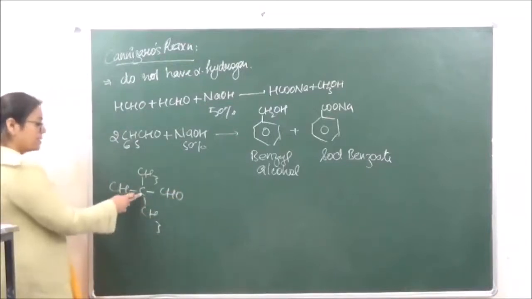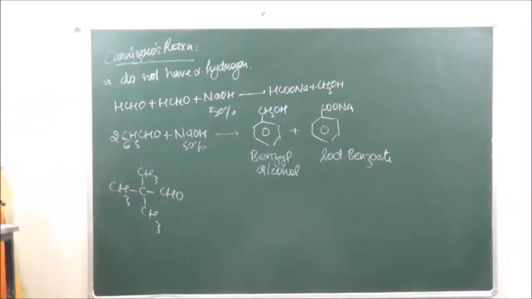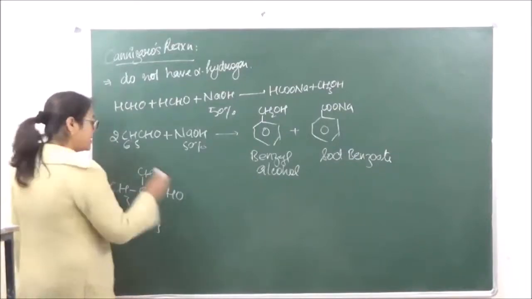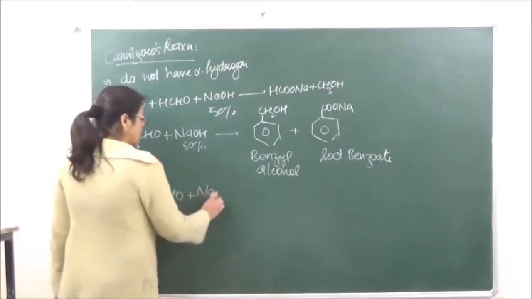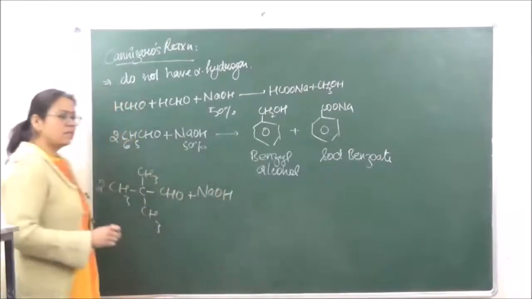Even if we are taking a tertiary aldehyde like this, you can see over here, this is the alpha carbon atom, and this has no hydrogen. So this can also undergo Cannizzaro reaction. We will take two molecules of this, reacted with 50% NaOH.